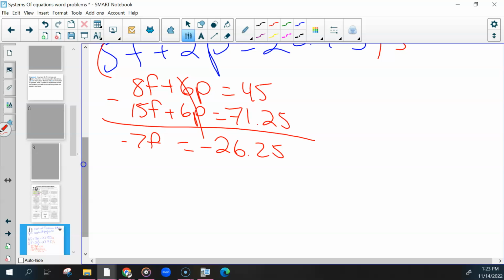I'm not confident in that answer. I'm also not doing this in my head. I just remember from last class. Okay. And then divide. And what would F be? $3.75.